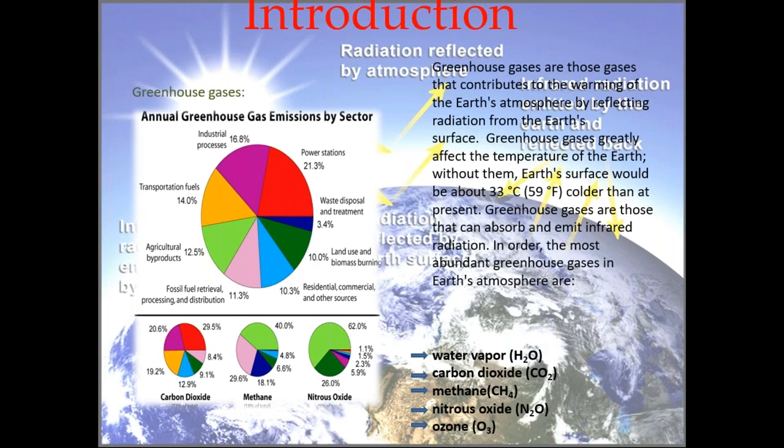Now, we know very well that the sun emits sunlight, heat in the form of radiation, which falls towards the Earth's crust. The atmosphere, like we discussed last week, is made up of gases. We talked about the nitrogen, the oxygen, the methane, and the rest of them that make up the atmosphere.